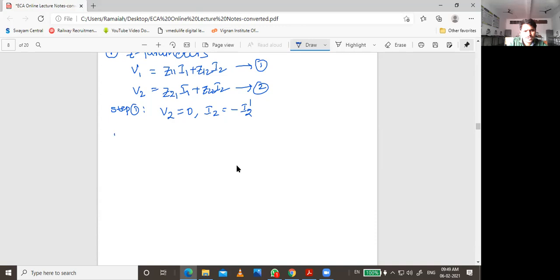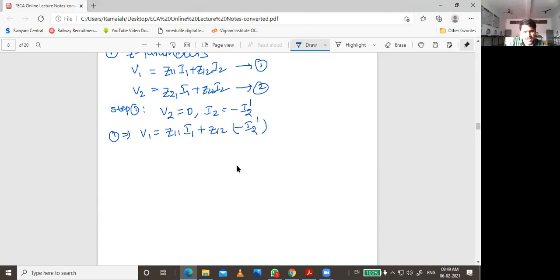Now see, from equation number 1, V1 equal to Z11 I1 plus Z12 I2, which equals minus I2 dash. So we want V1 by I2 dash. So we have to express this I1 in terms of I2 dash.